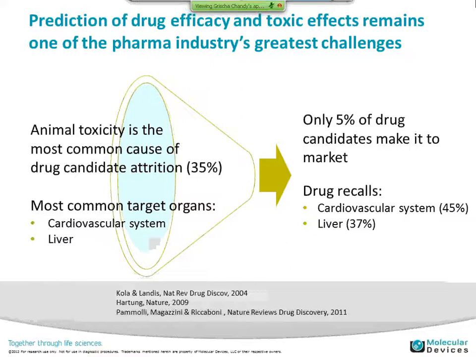Many drugs fail, and the number one failure mode is animal toxicity, with cardiovascular and liver toxicity the most common organs affected. This can be early in the drug development process, or later, and in drug recalls the same systems are affected. Only 5% of drug candidates make the market.